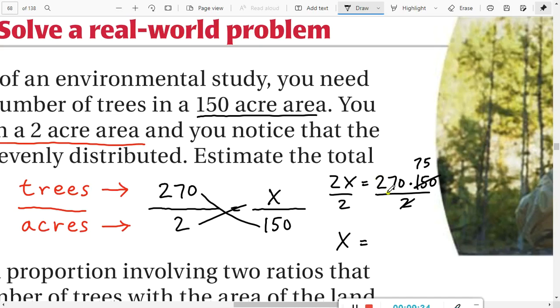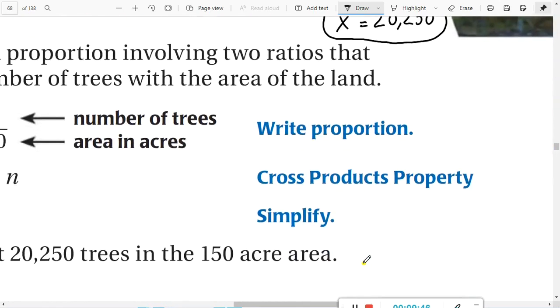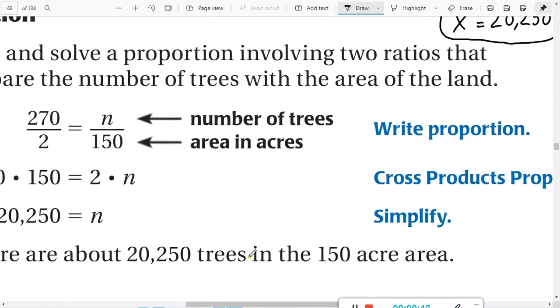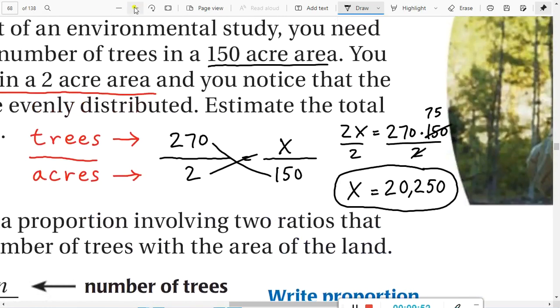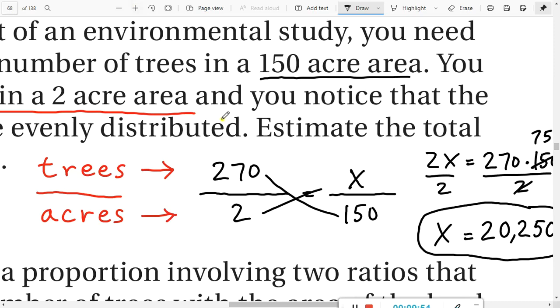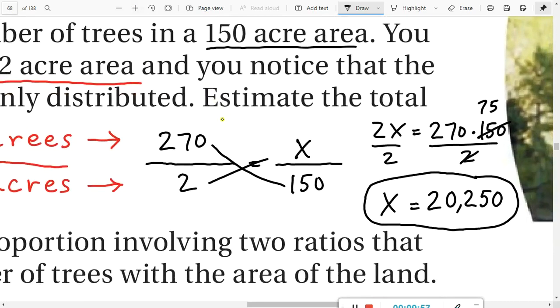Or you can just do the whole thing on the calculator. And using the calculator, I get 20,250. All right. And let's make sure that's what they got. Now, sometimes you can do this stuff in your head. Okay, I'll show you a little shortcut after you set up the ratio and proportion, what you could have done.